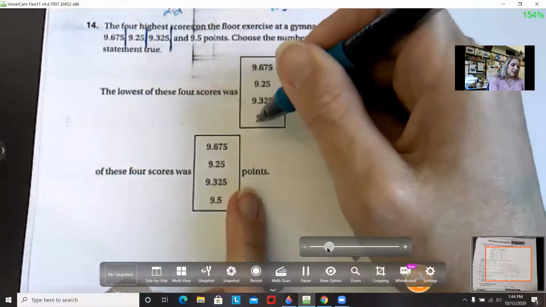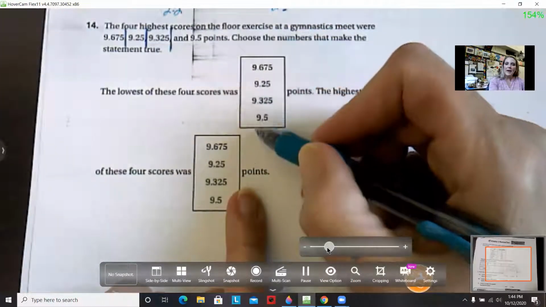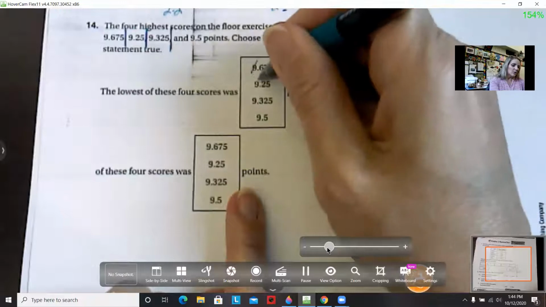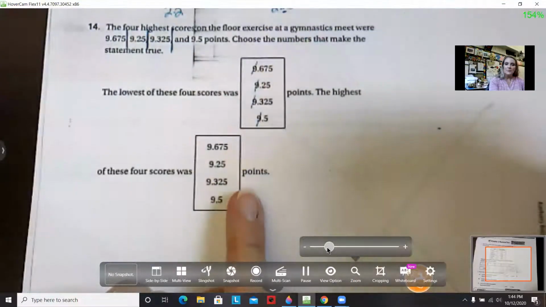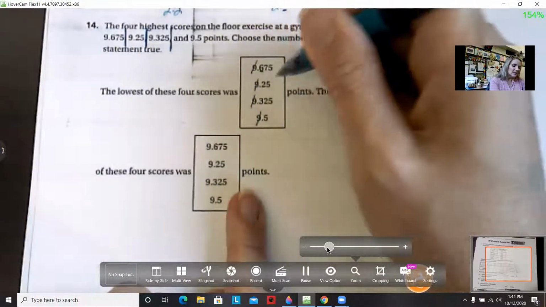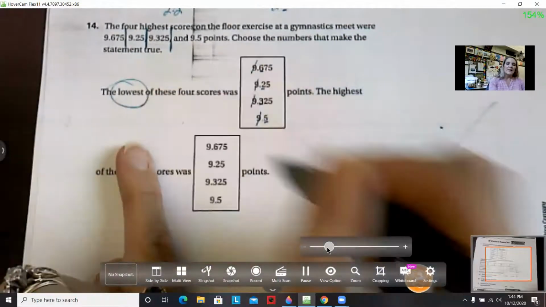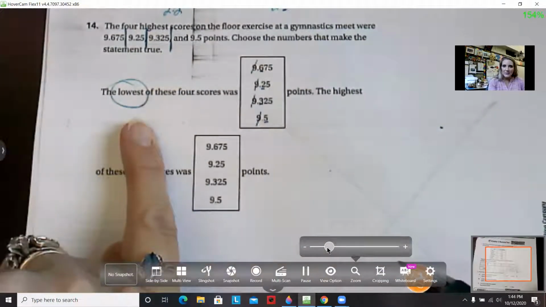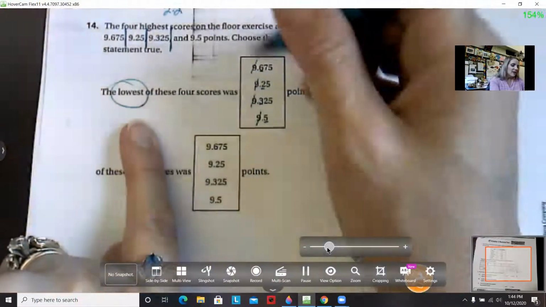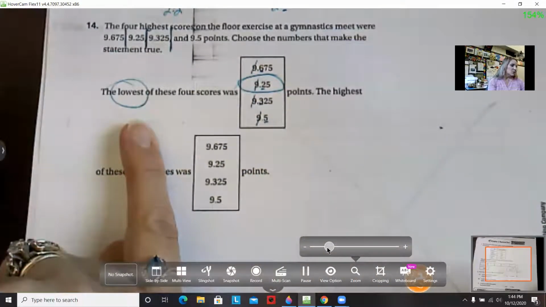They're basically lined up. Look, all of them have a 9 as your whole number. So let's cross that off. That doesn't help at all. Okay, that was the ones place. Now let's go over to the tens place. We have a 6, a 2, a 3, and a 5. Which one is the lowest there? 6, 2, 3, or 5? Of course, it's the 2, 9 25/100.